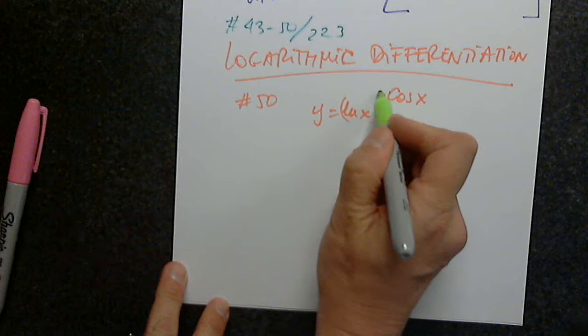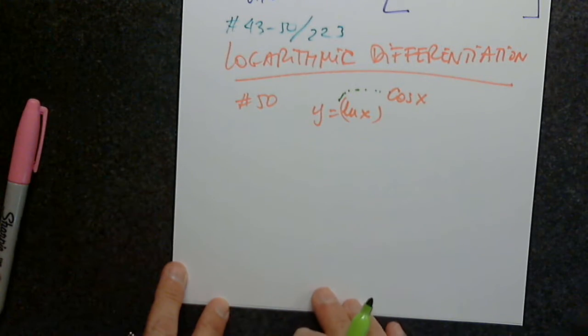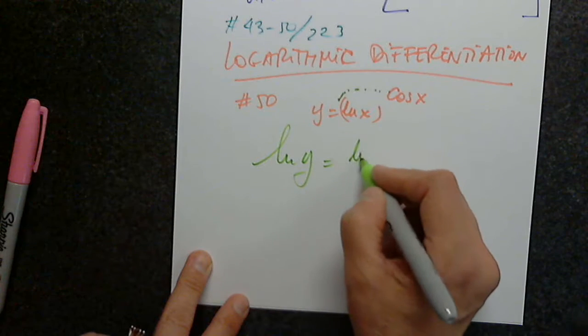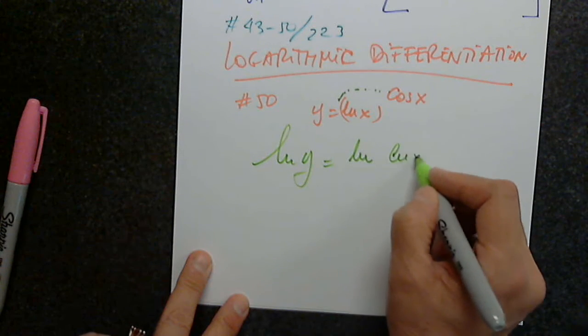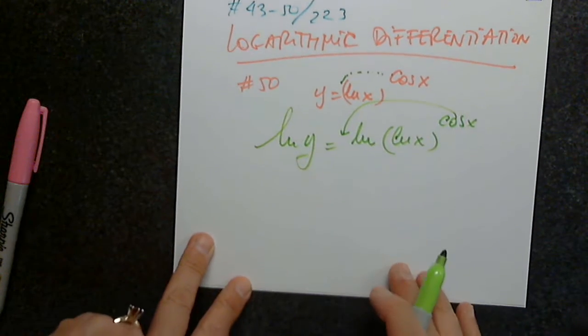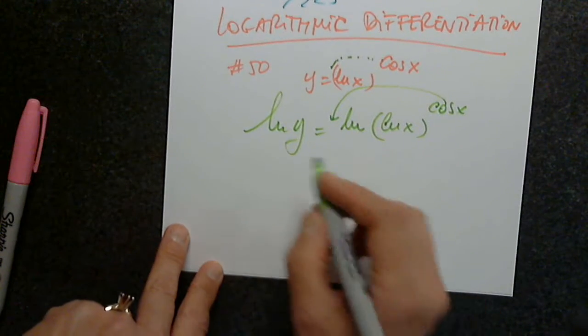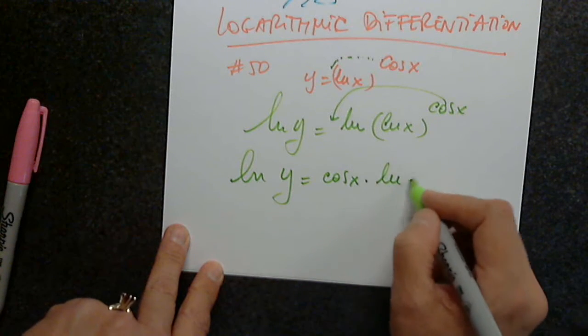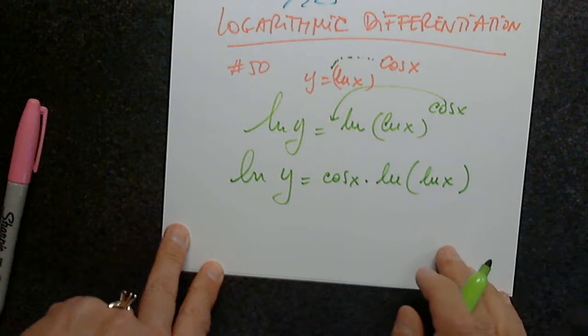We need a mechanism that brings this in front. Very good. So then natural log y equals natural log of natural log raised to cosine x. And now we bring cosine in front. So natural log y equals cosine x times natural log of natural log x.